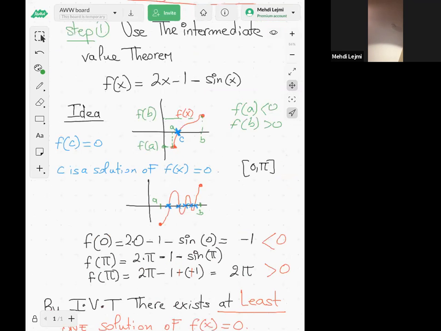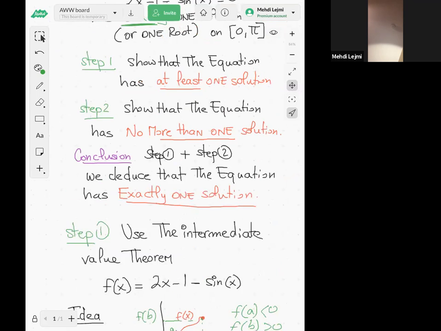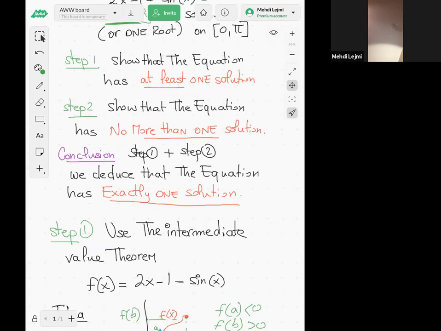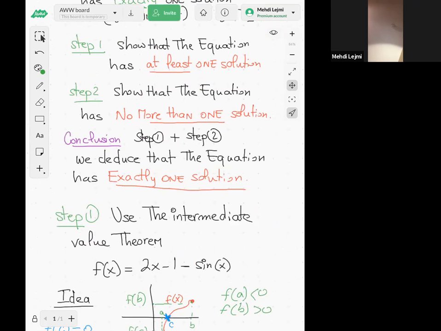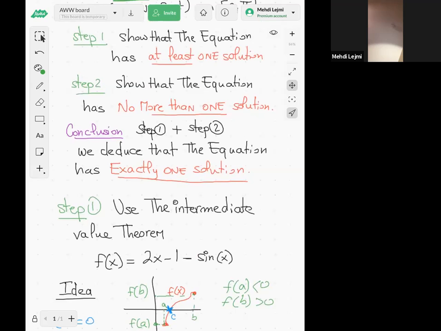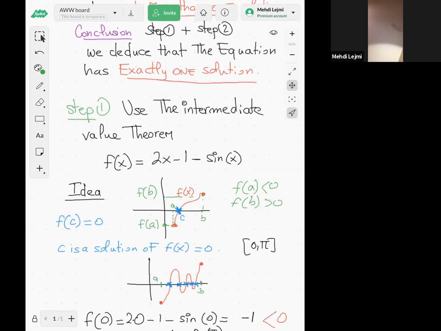Now, second step. In step 2, we have to show that the equation has no more than one solution. That's actually what we did last week using Rolle's theorem.